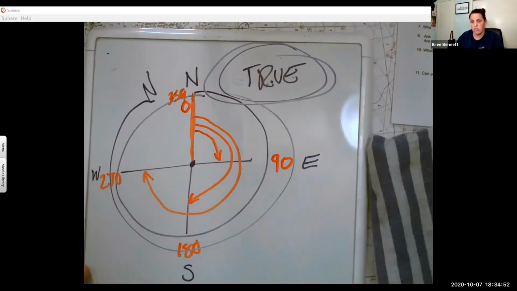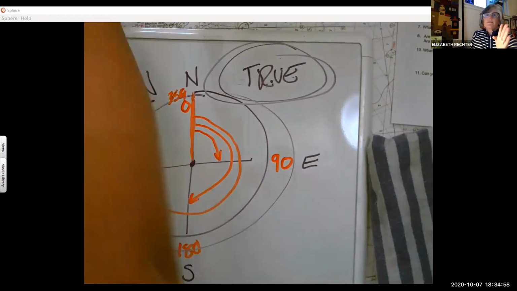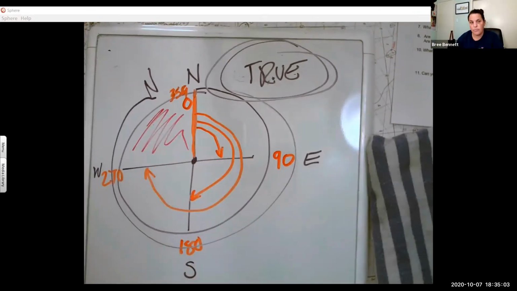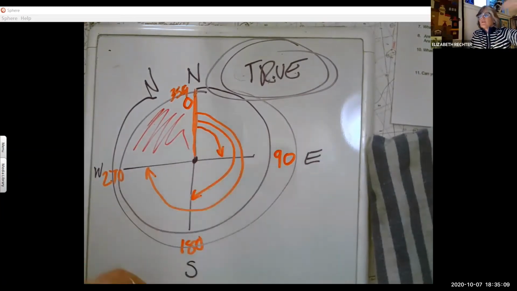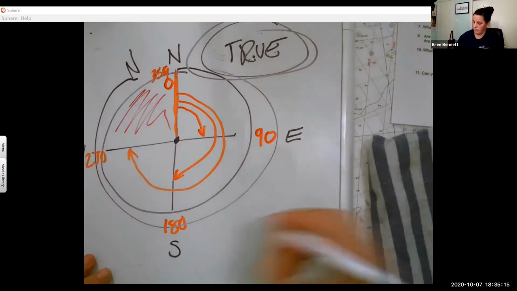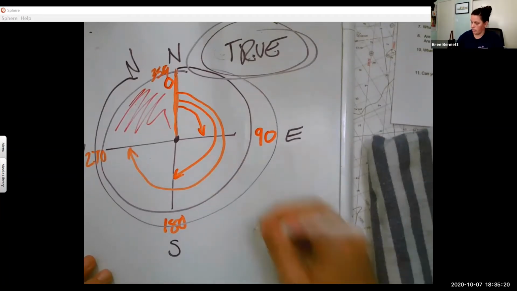So anything from 270 to 360 is going to be northwest. Correct. It's going to be in this quadrant. But if you're traveling, I remember one of these things you said, if you were going this way, it would be in the 100s. Yes. If we have a line, we're going from down here to up here.